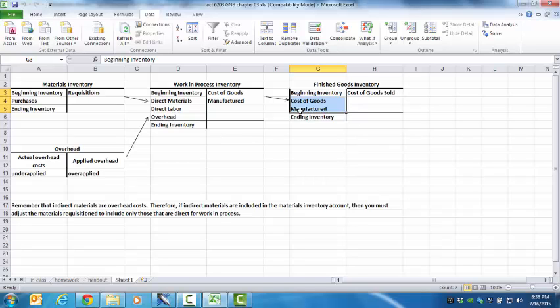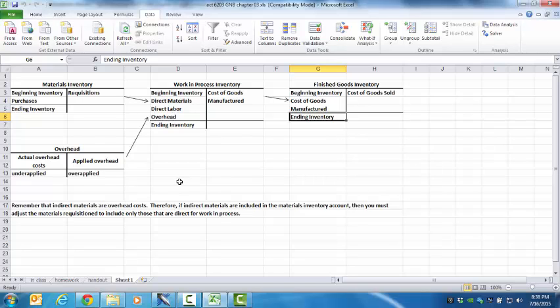You will sell some at some point, so you'll have a final output, cost of goods sold, and that's a big expense, which is reported on my income statement to help me determine profit. And we saw that already back in Chapter 2 when we were looking at our contribution margin income statements. And then what you don't sell is still going to be here in ending inventory. So this is the basic flow of job costing.